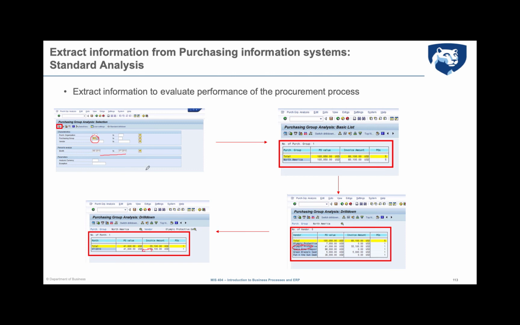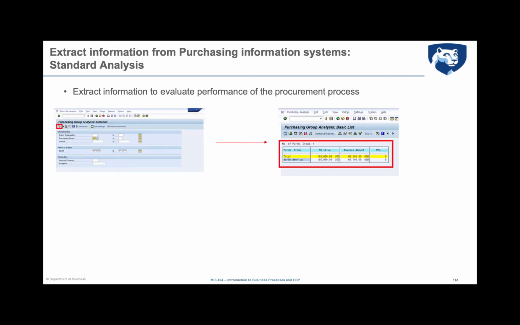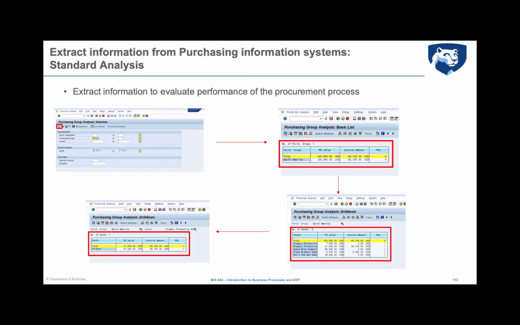But again, you can drill down and aggregate and disaggregate data in a smarter way than the simple display of an invoice or purchase order list that doesn't tell you anything in terms of aggregated values.